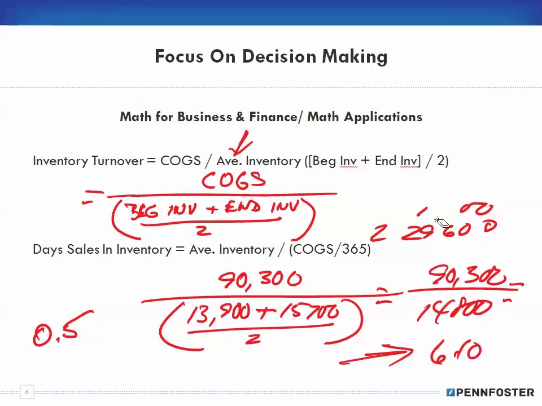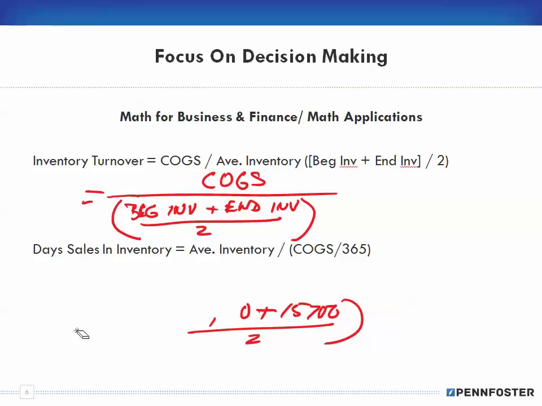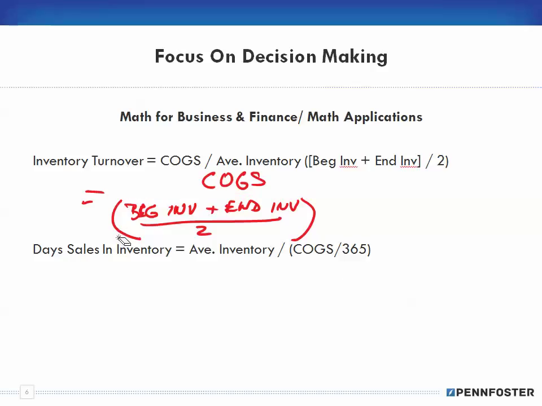And now let's talk about days sales in inventory. What we're looking at from that perspective is my average inventory.